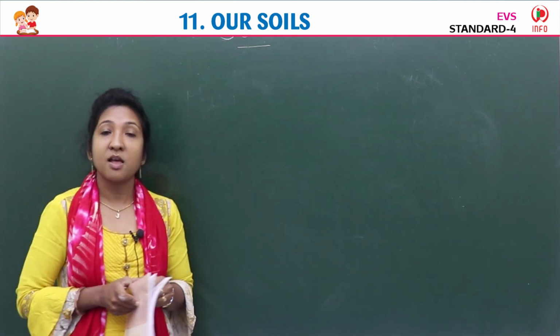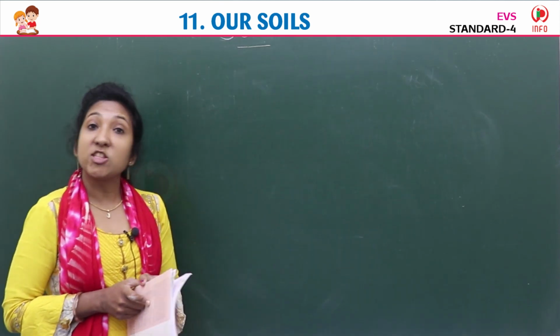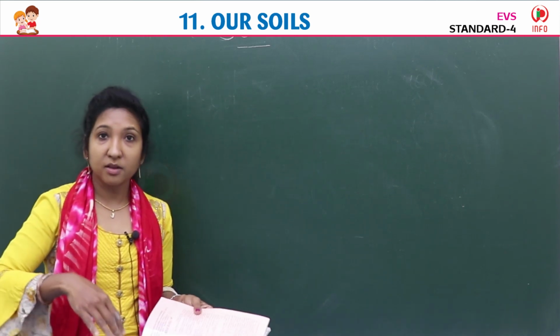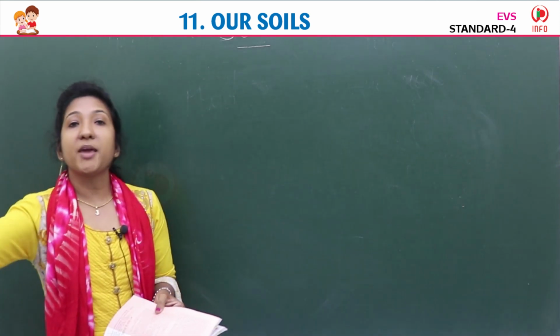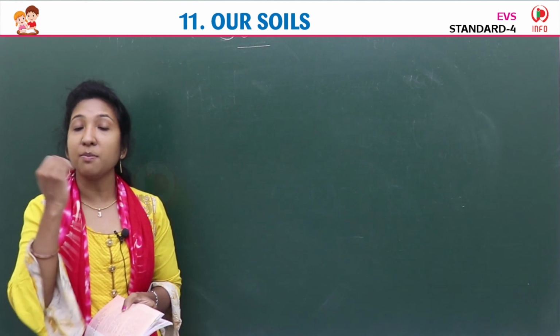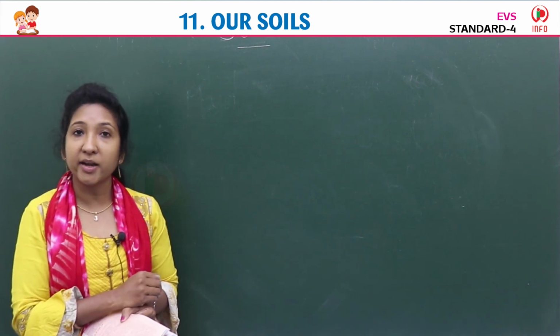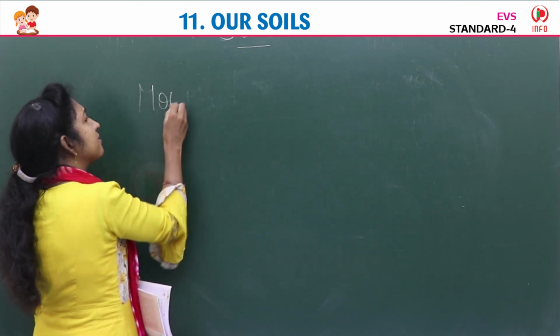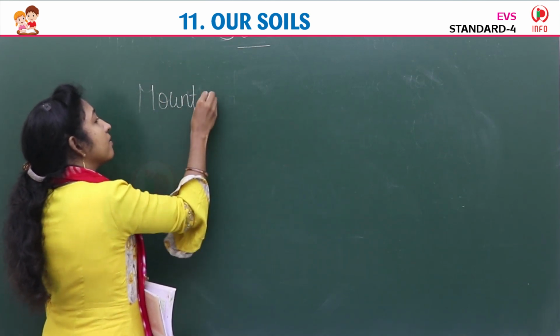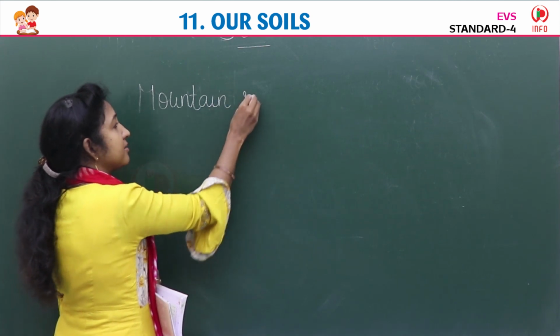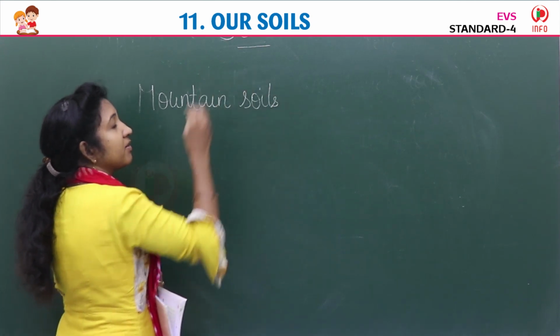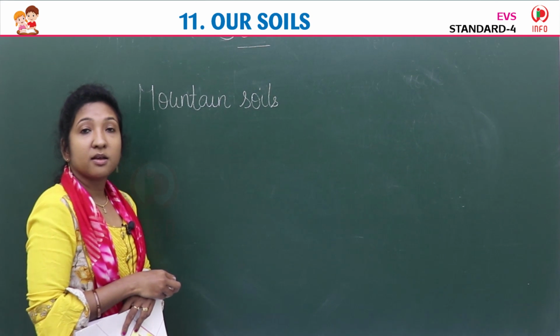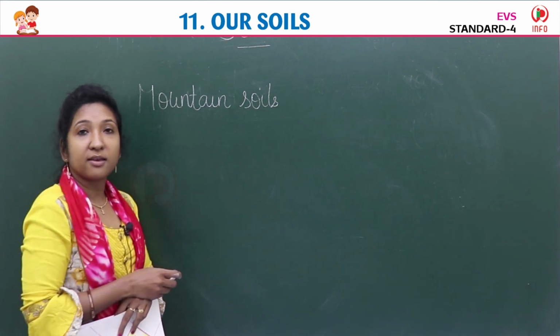So far we learned about soil, its formation, and then the major types of soil. Which are the major soil types we learned, children? First, we learned about mountain soils and what crops are grown in this soil.